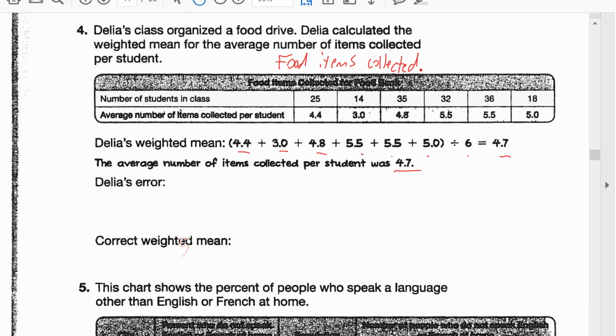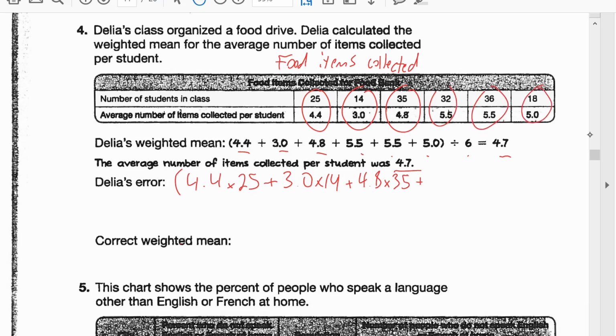So to do the weighted mean, we'll have to do what she started doing, 4.4, but we have to times that by 25 because that class has 25, plus, you got it, 3.0 times 14 plus 4.8, wow, not 3, 4.8 times 35 plus this plus this plus this. 5.5 times 32 plus 5.5 times 36 plus 5 times 18.